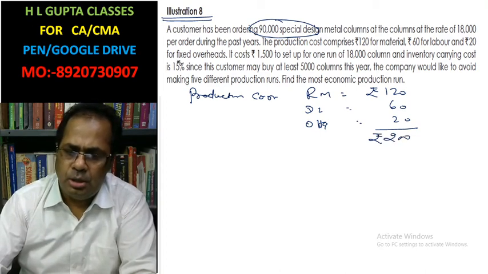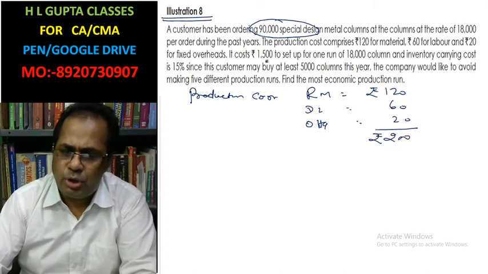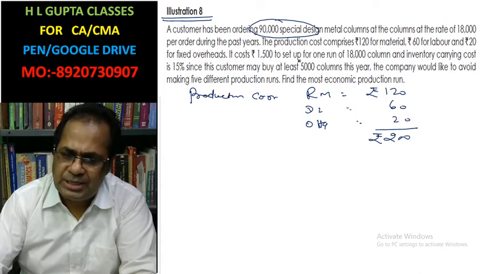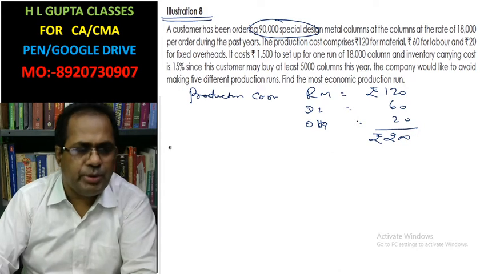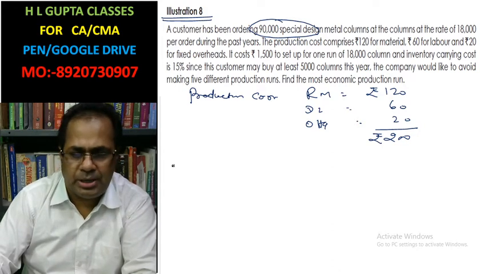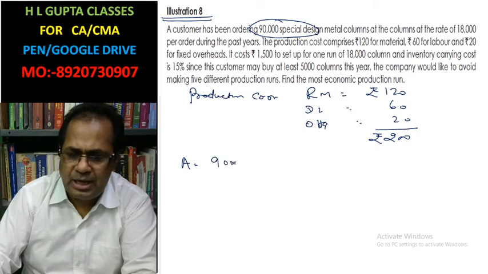Fixed overhead. If the cost rupees 1500 setup in the given question, this is your annual economic batch. Annual demand is saying 90,000.